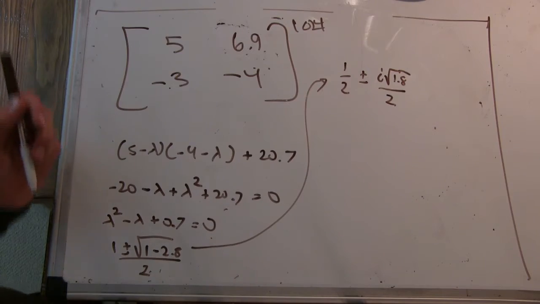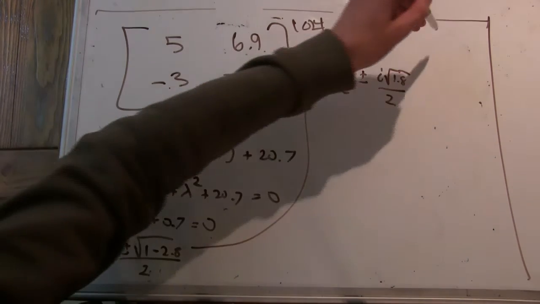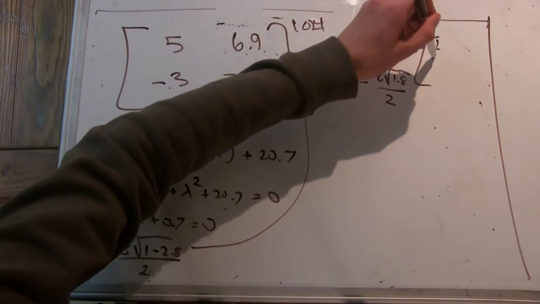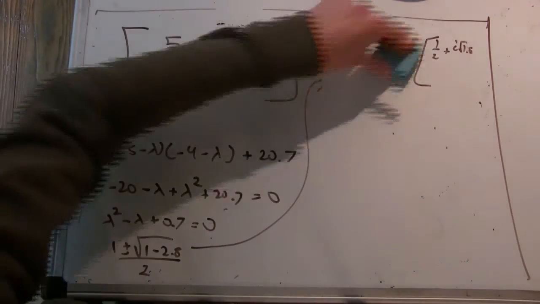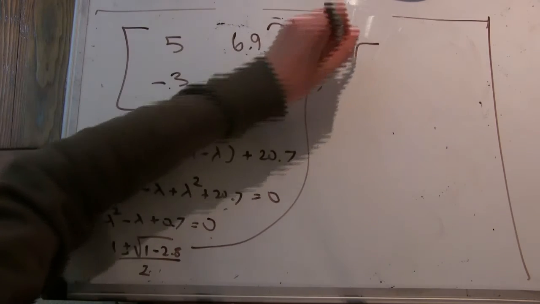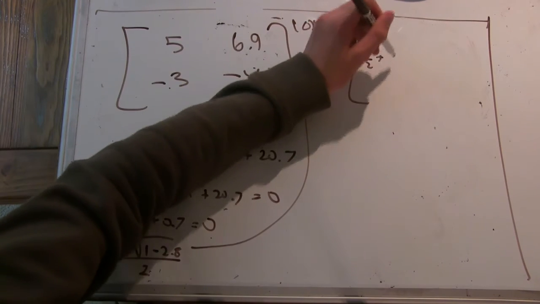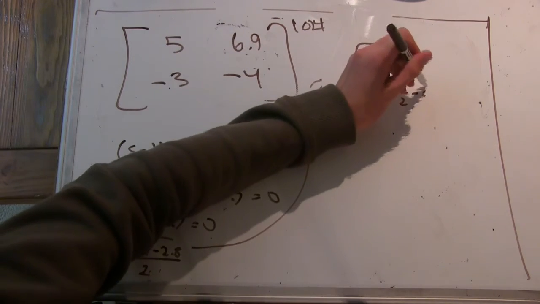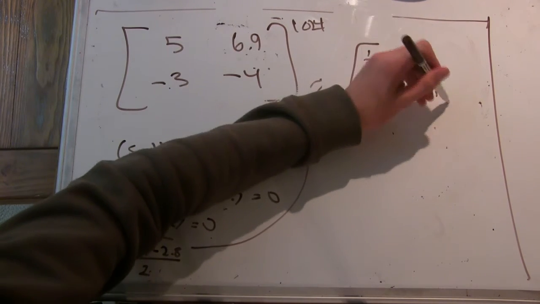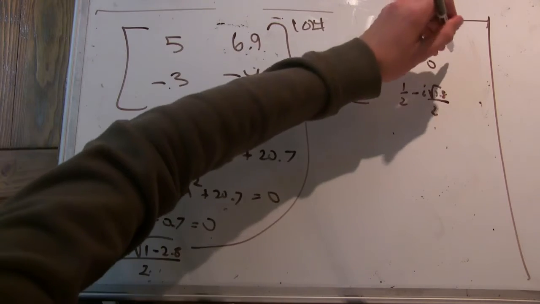So these are 1/2 plus i root 1.8 over 2, and 1/2 minus i root 1.8 over 2. Those are the zeros.